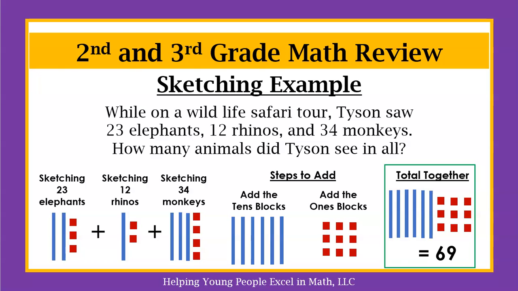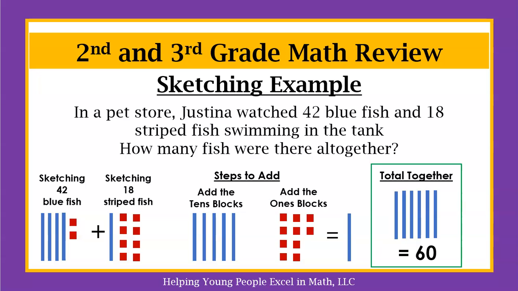So our total altogether is 6 tens blocks and 9 ones blocks. Our answer is 69 because we put the 6 in the tens place value and 9 in the ones place value. Let's move to our next example.